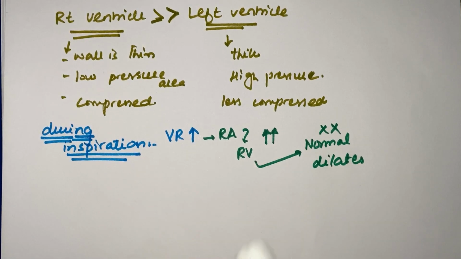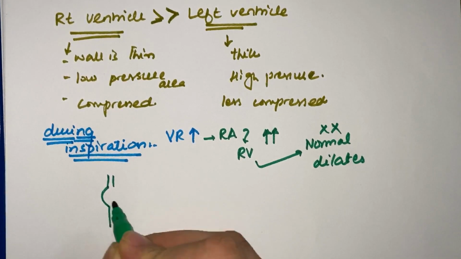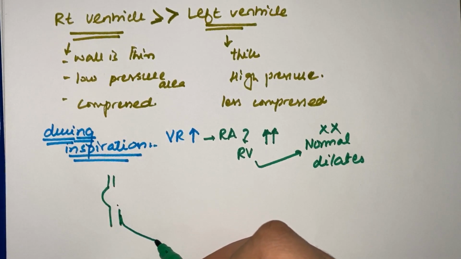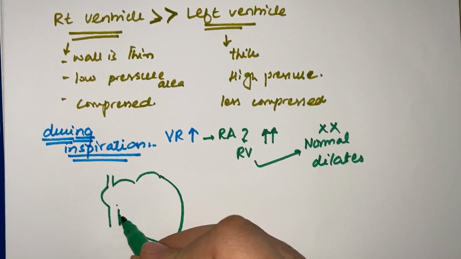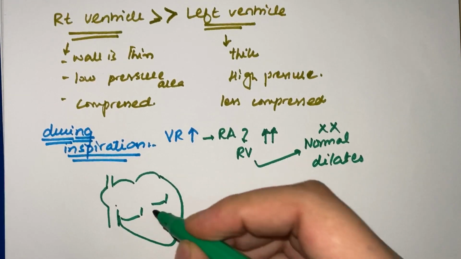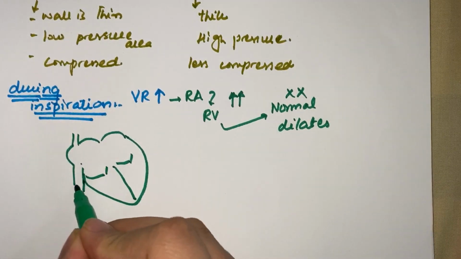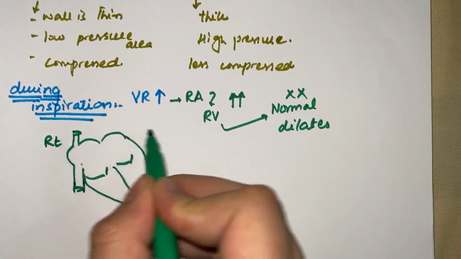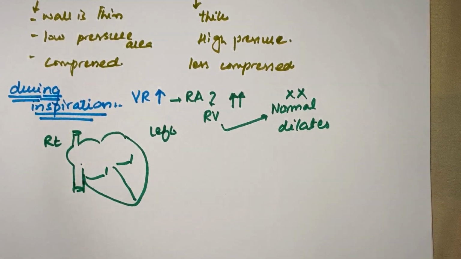So what will happen, if I show you the heart, ignore my drawing, but just imagine this is the heart, the two chambers, the septum. I know it doesn't look so, but suppose this is the right side, the left side: right atrium, right ventricle, left atrium, left ventricle.